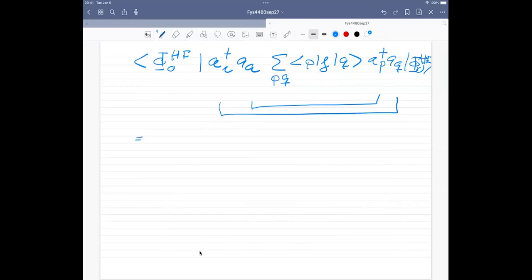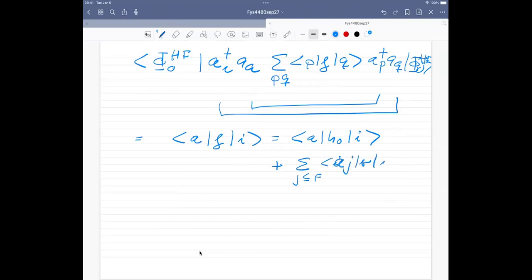So that means that this gives us a term which is given by A of f of I, which is the same as A of H0 of I plus this sum which runs over all the states up to the Fermi level of I, A, J, of V of I, J, and this is an anti-symmetrized matrix element. And we want that one to be 0.